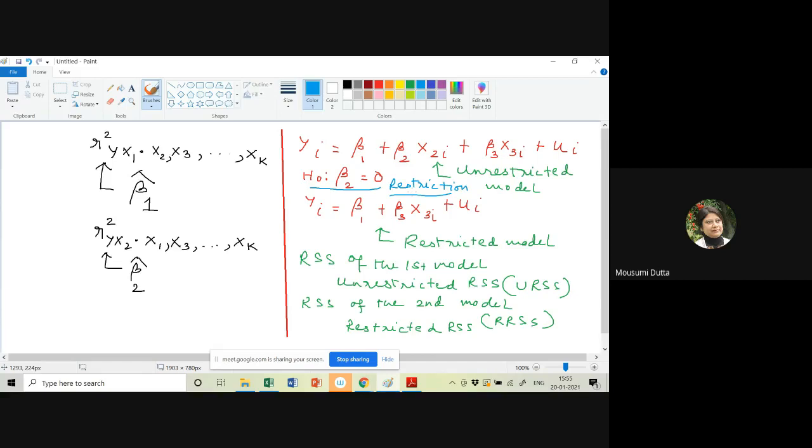Now anyone, please tell me whether URSS will be greater than RRSS or RRSS will be greater than URSS. The question is, which one is true?